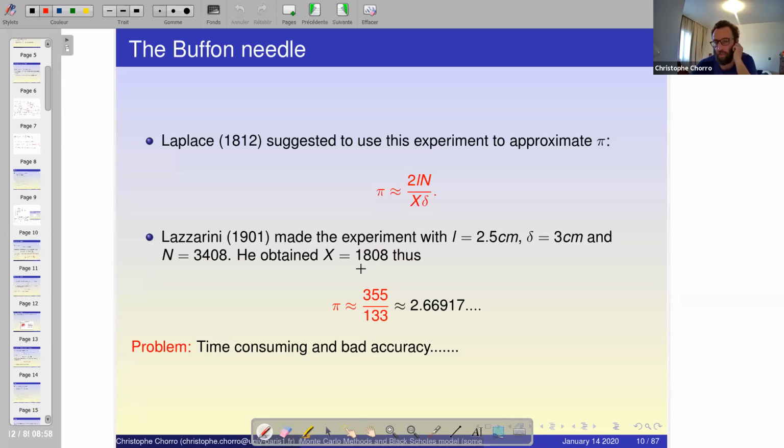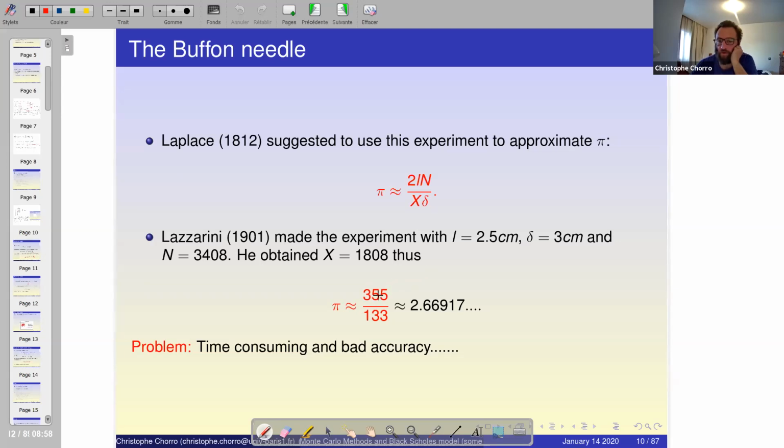But in fact, it's not that bad, this approximation, because we can see that it is not very far from the best that you can obtain if you want to approximate pi by a ratio made of 3 digit numbers.